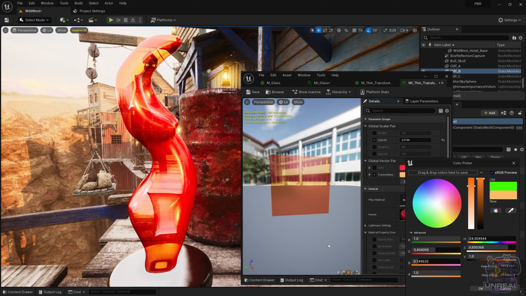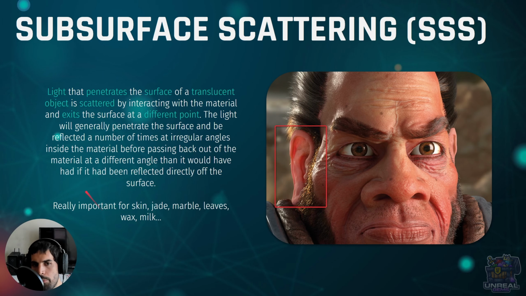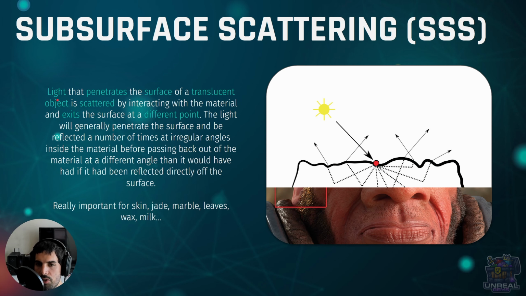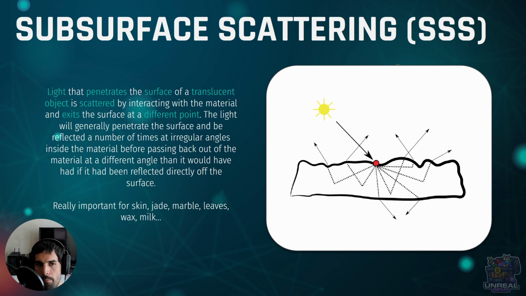Okay, so if we remember a couple of slides back, we talked about two types of translucency, the simple one and the one with dispersion, which was more complex. Well, we are now going to talk about subsurface scattering.